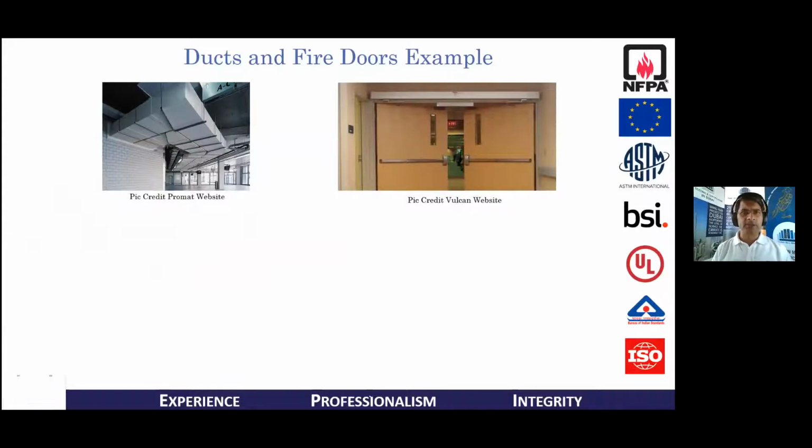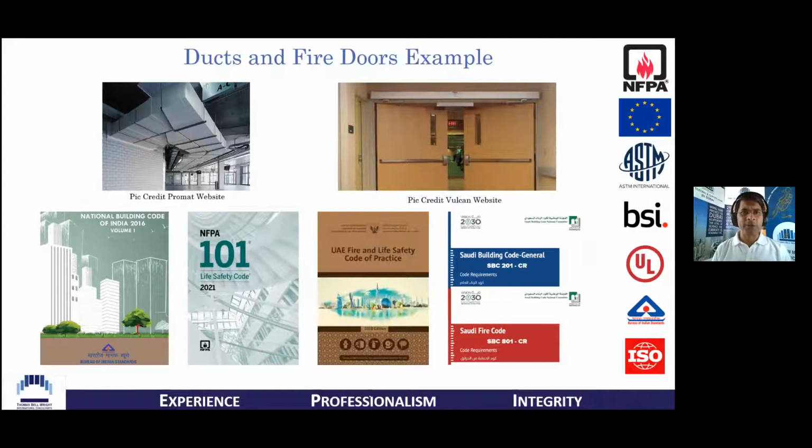So I started to do a lot of work, saying, wait a minute, what all standards should we be adding? And I scanned quite a few of the codes which are applicable in the regions that we support. And I realized that while the British standard exists and the European standards are there, I found it very difficult to find an American test method for testing fire resistance of ducts.